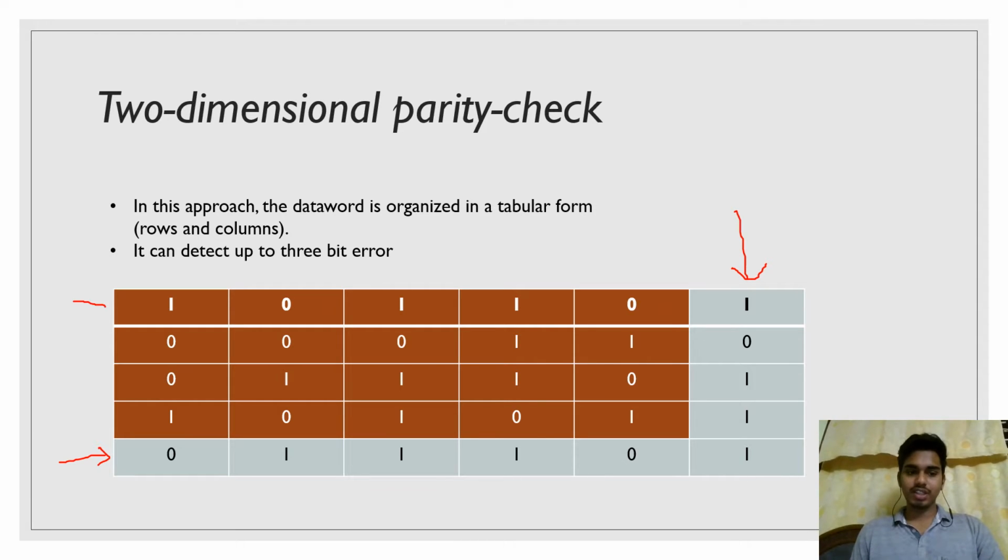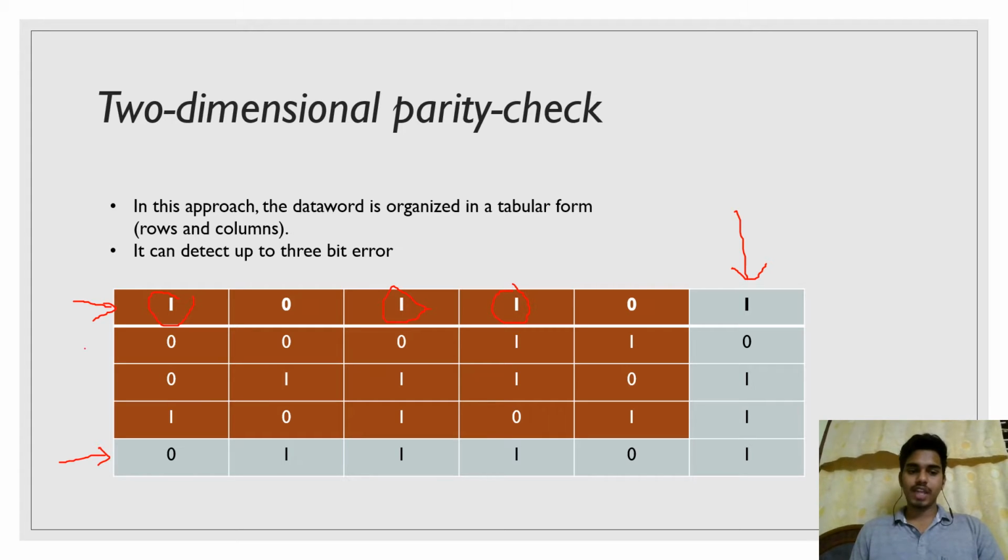As you can see in this row, the total number of ones is 3, and as I have said before, this is an odd number. So the parity bit of this row will be 1.